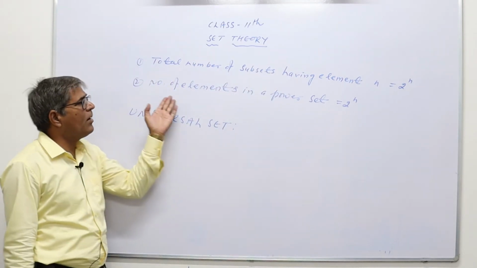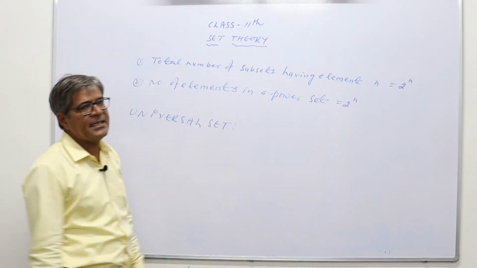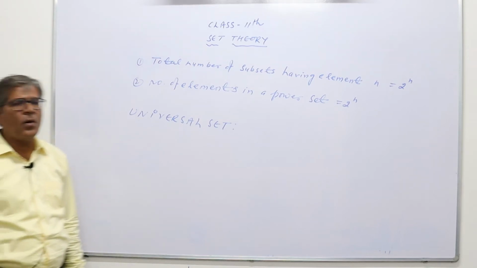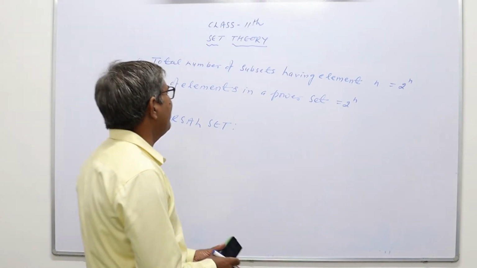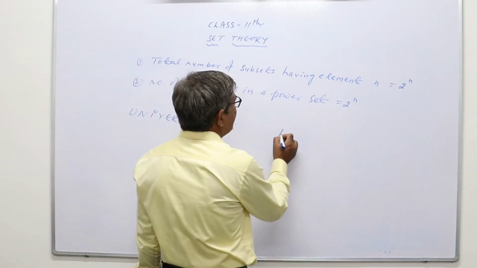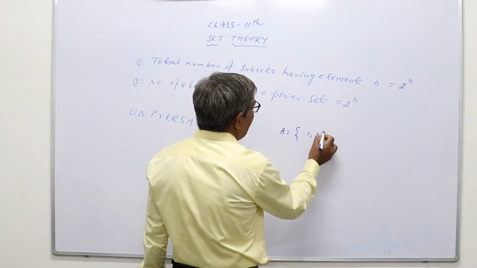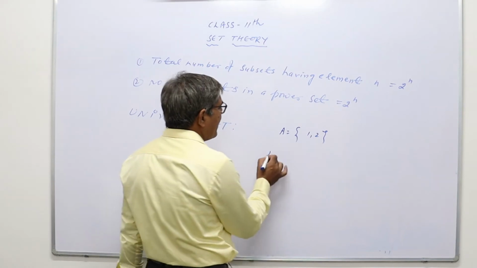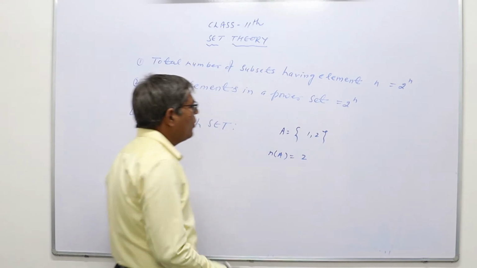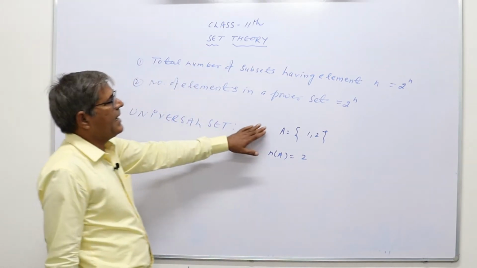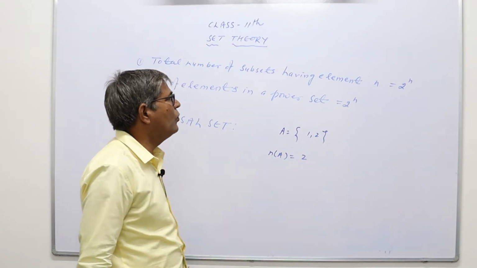Similarly, the number of elements in a power set. What is the power set? Power set is the collection of all the subsets of a given set. Let us suppose we have a set A having elements only 1 and 2, so the number of elements n equals 2.